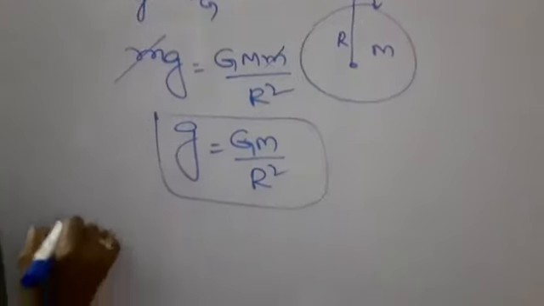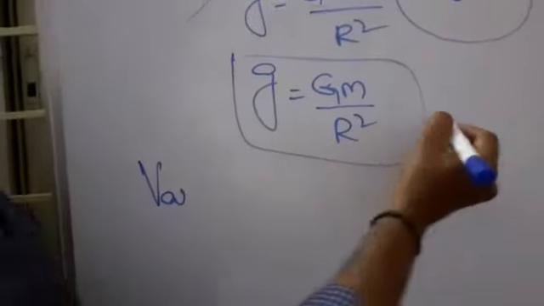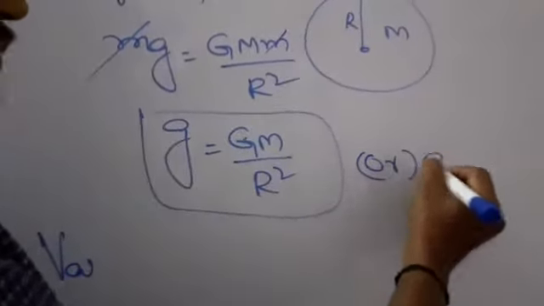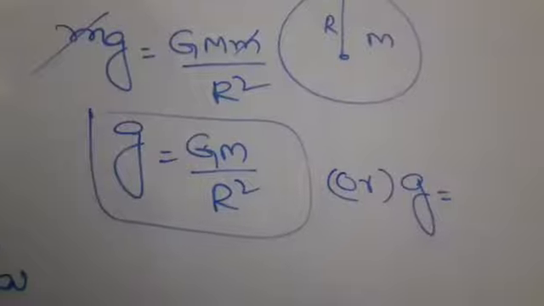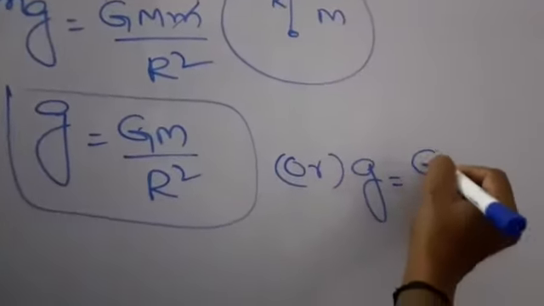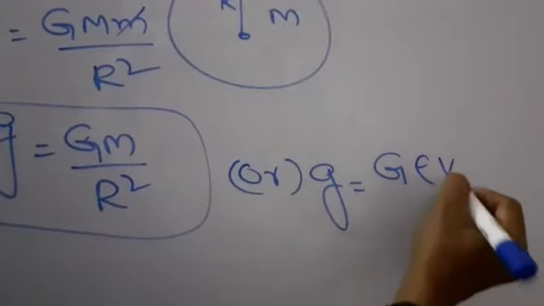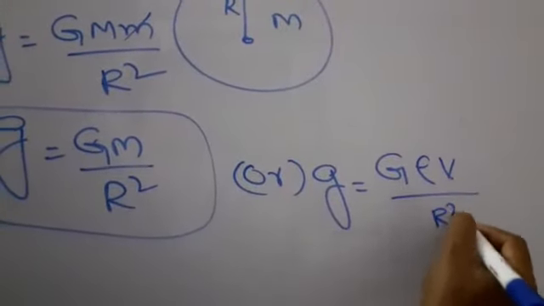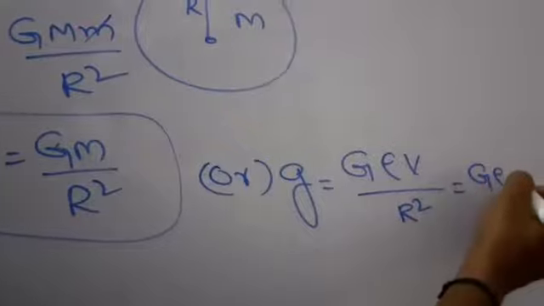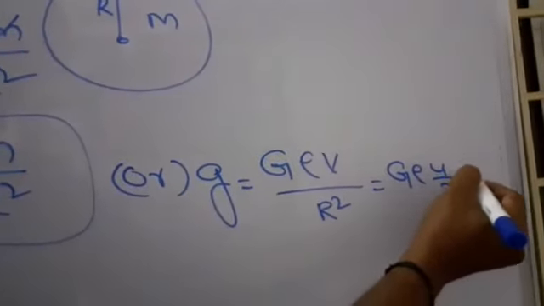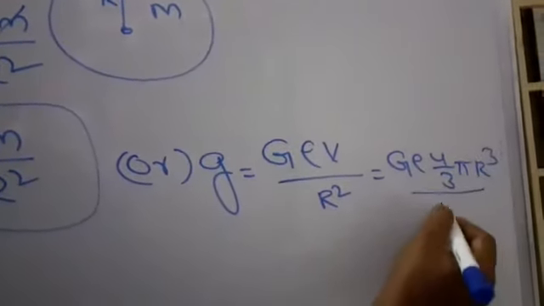Next, variation of g. Another form of this acceleration due to gravity: g is equal to G into M by R square, where M is nothing but rho into V. So g is G into rho into 4 by 3 pi R cube by R square.